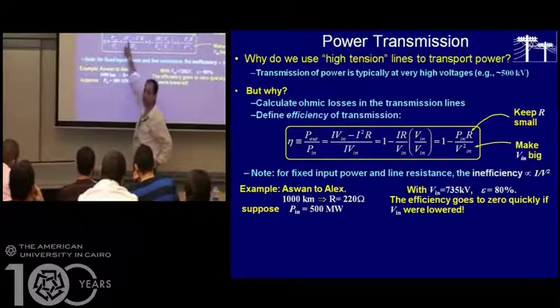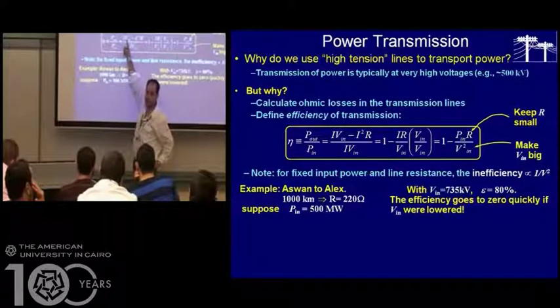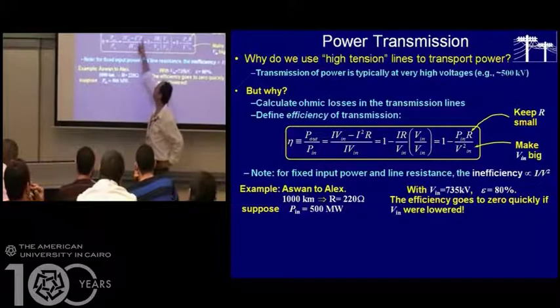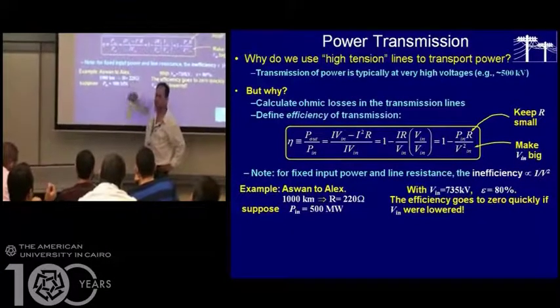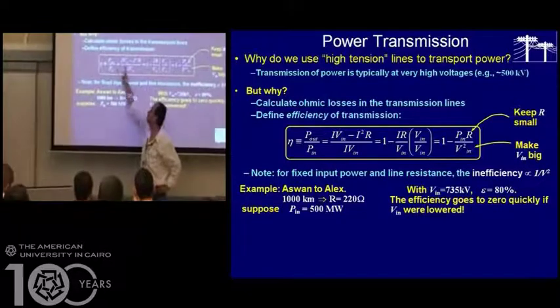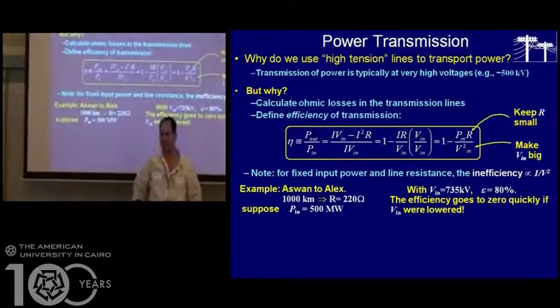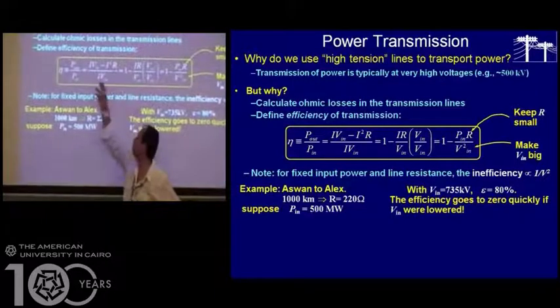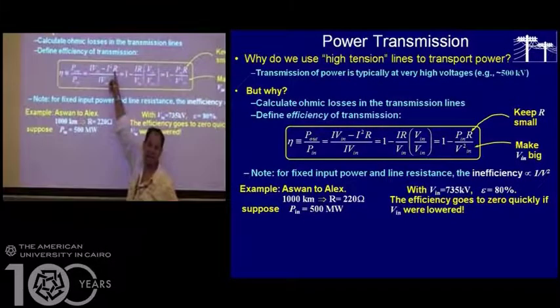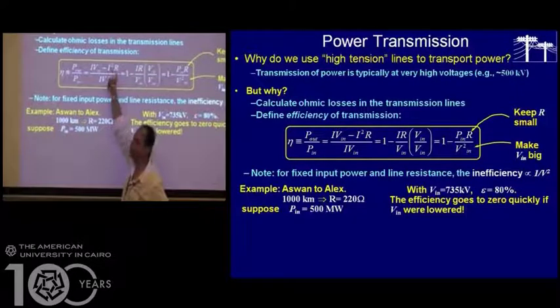It's the power you put in on the transmission line minus whatever you lose in the transmission line. If the losses are zero, then you get 100% efficiency, right? And that's what we want. We want to use a superconductor material that has zero resistance in order to minimize the losses.